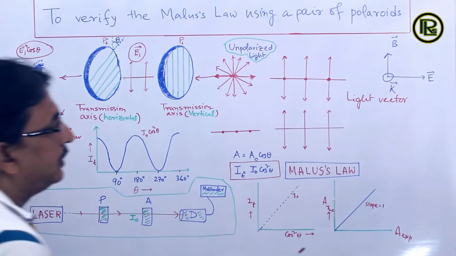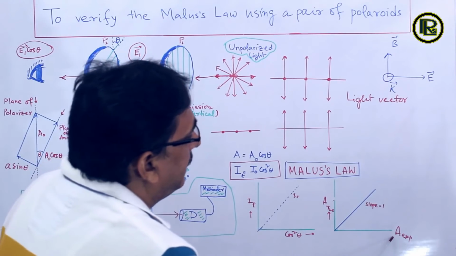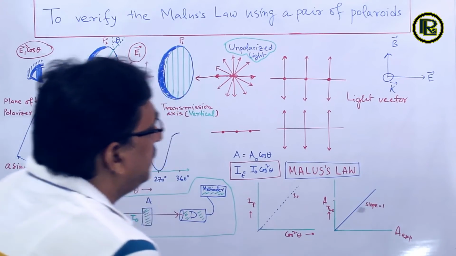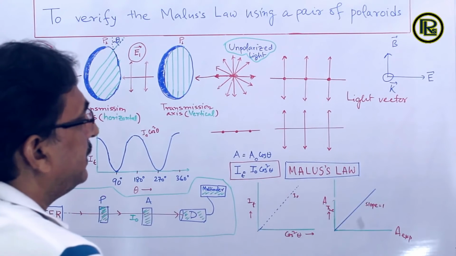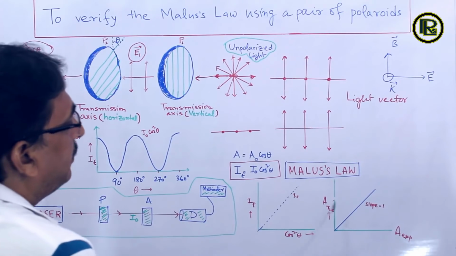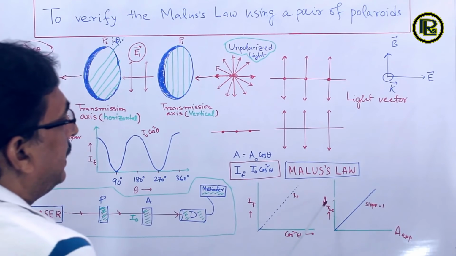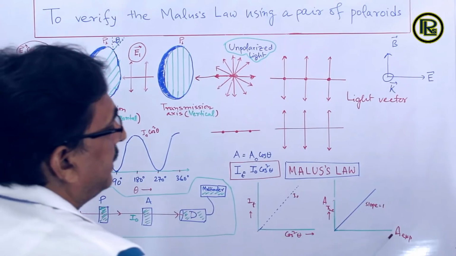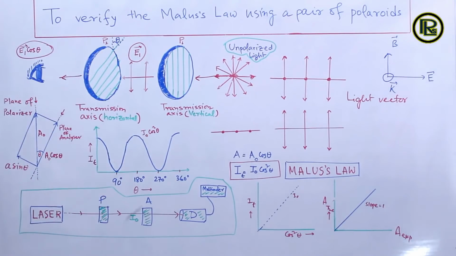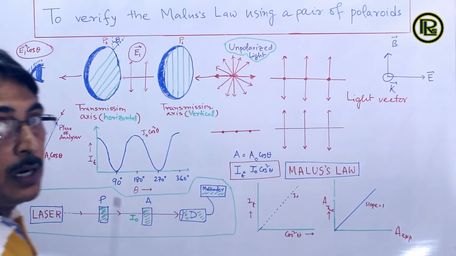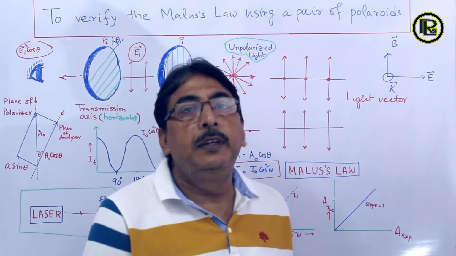So by measuring the experimental value of amplitude and comparing it with the theoretical value of amplitude for a given theta, and plotting the graph A theoretical versus A experimental, we can verify the Malus law. So now let's do the experiment.